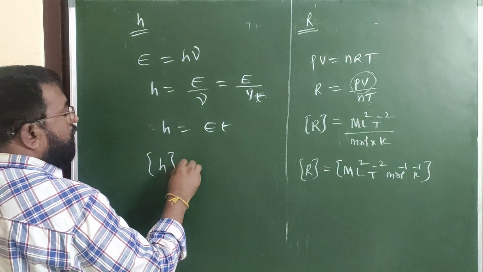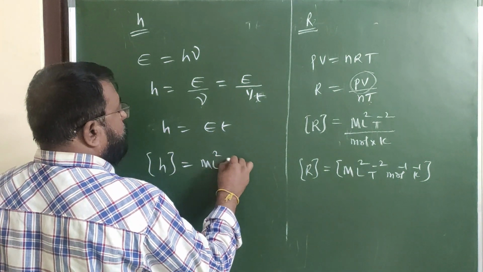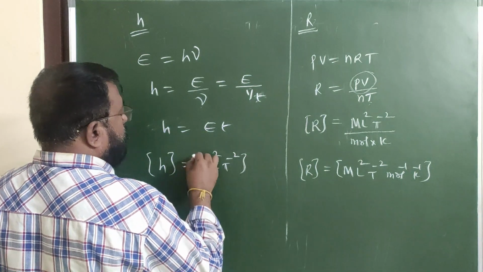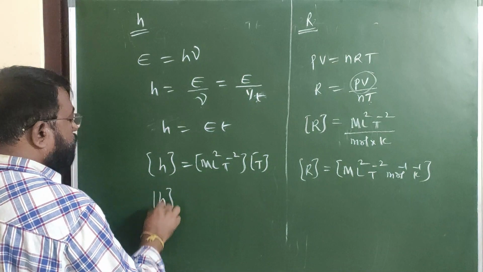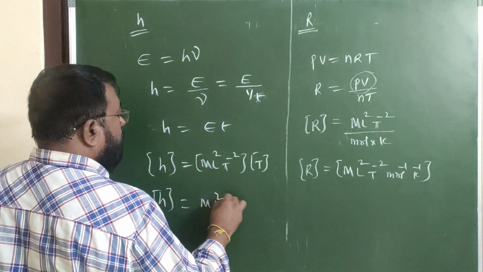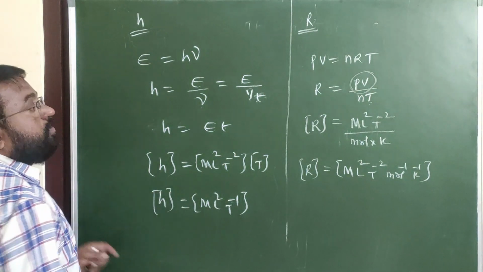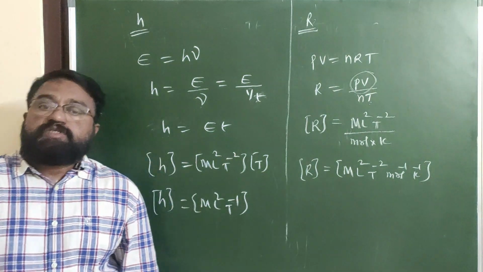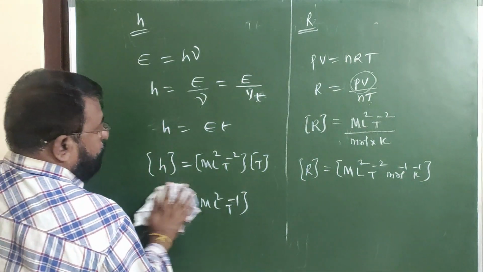Therefore, its dimensional formula: h is equal to, this is energy, M L square T to the power of minus 2, and this one is time. Therefore, h is equal to M L square T to the power of minus 1. Therefore, these are some of the dimensional formulas for physical constants.